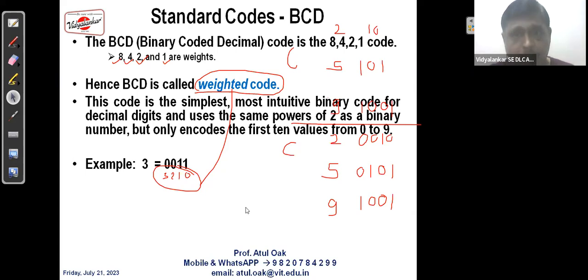I repeat, which numbers are invalid in BCD? Let me answer one question. By the time your answers come, there is a question, and I think Tanisha has asked this question. Why 10? Okay, let me answer it. Why 10?